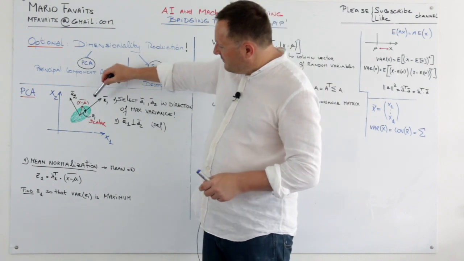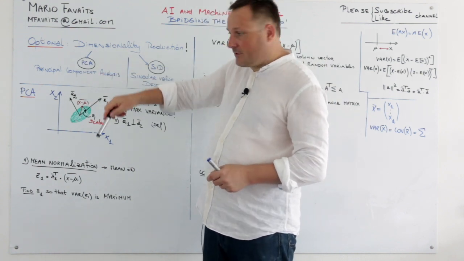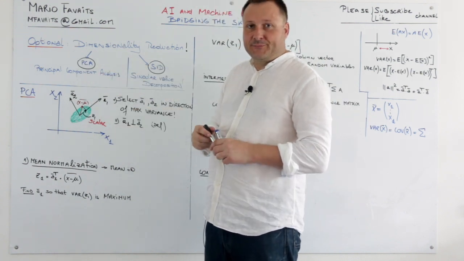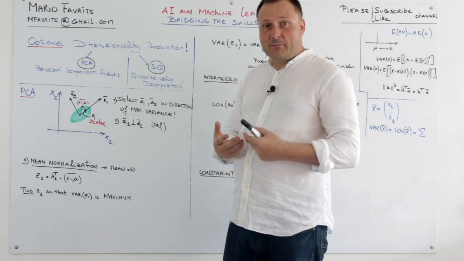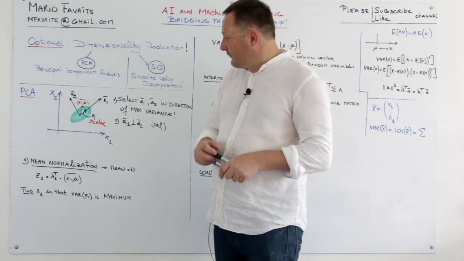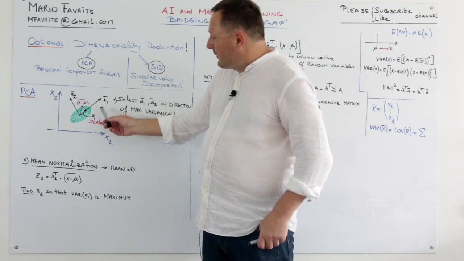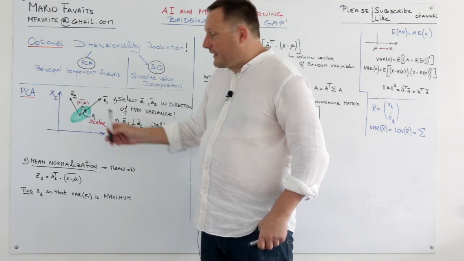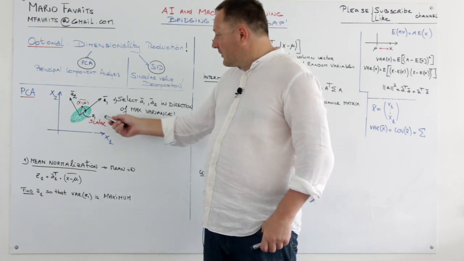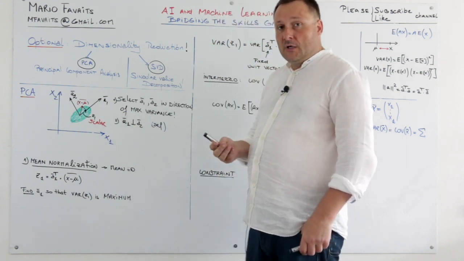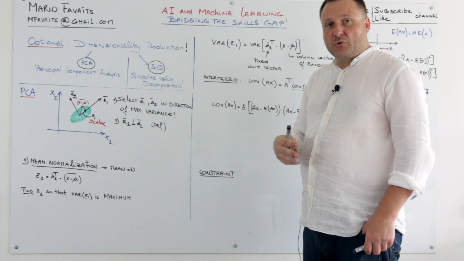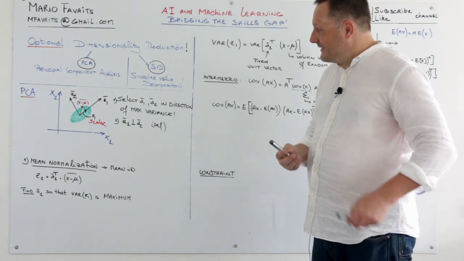And we're gonna project that vector onto the a1 axis. When we say projection in math, we mean dot product. So we're gonna calculate the dot product of a1 and x minus mu, and we're gonna call this z1. Remember, the outcome of a dot product is a scalar, so z1 is a scalar.